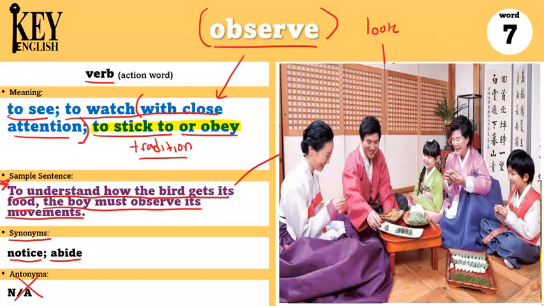So you can also use this word observe in that kind of situation too. Think about any kind of special tradition like birthdays or Christmas or New Year's celebrations that people always do or want to do. Then you can use this word observe as well to talk about when they are following or doing that tradition.